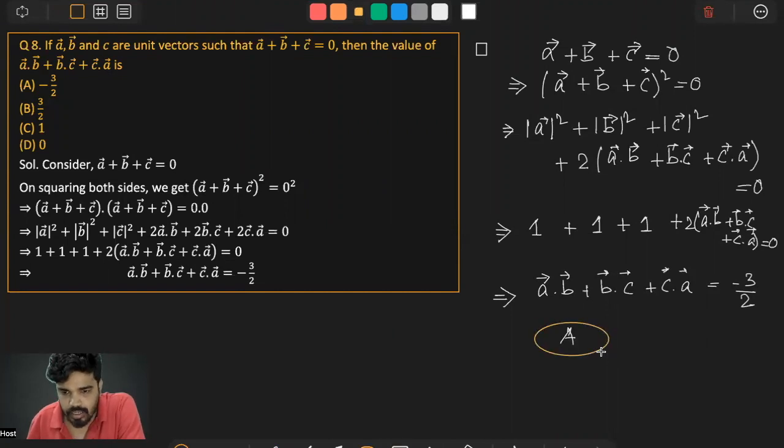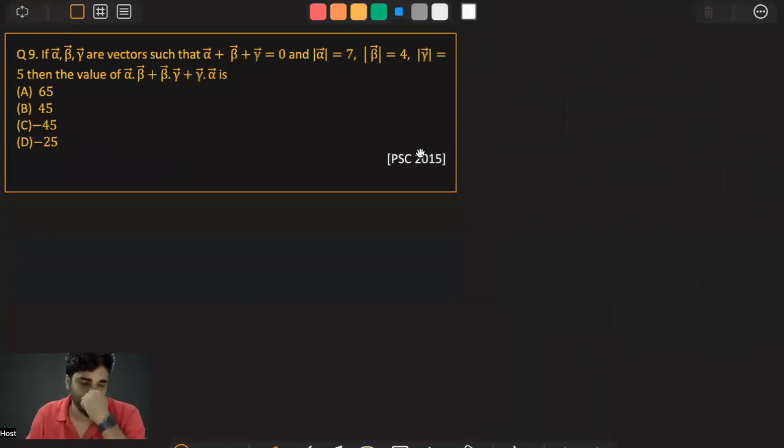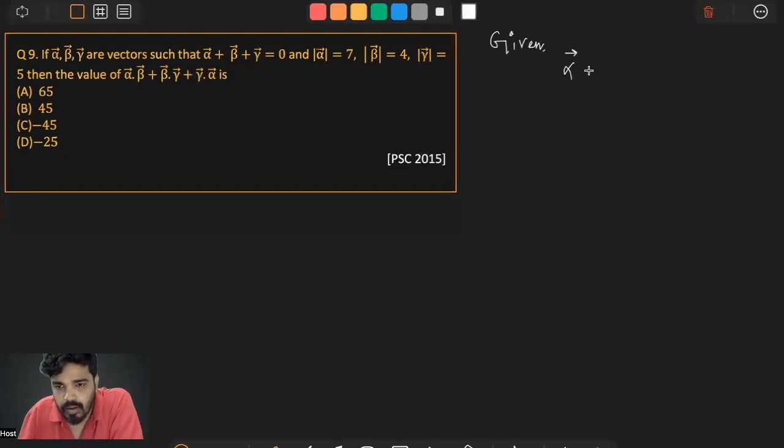Same problem, PSC 2015. What is given here? It is given that alpha, beta, gamma are vectors such that alpha plus beta plus gamma is equal to 0, and modulus alpha is equal to 7, modulus beta is equal to 4, and modulus gamma is equal to 5.